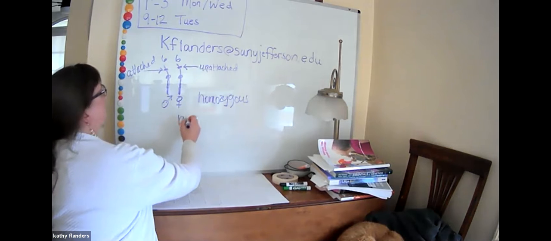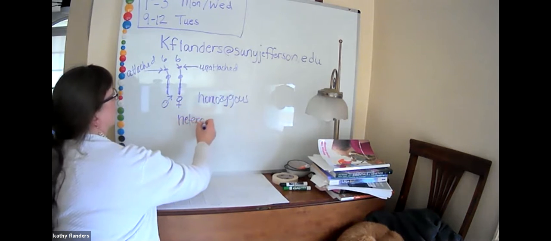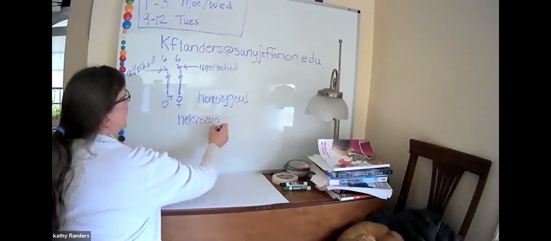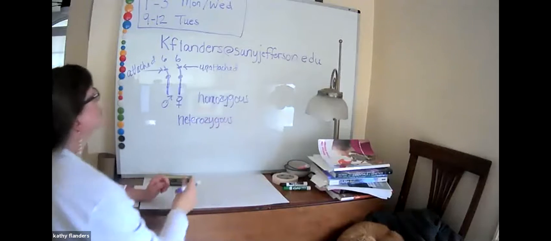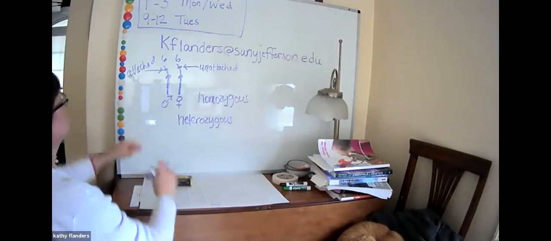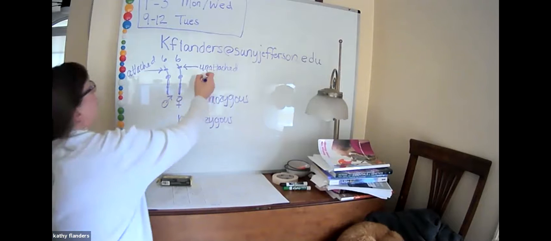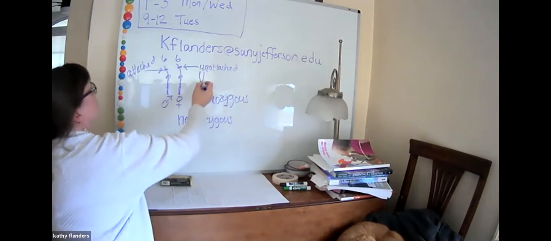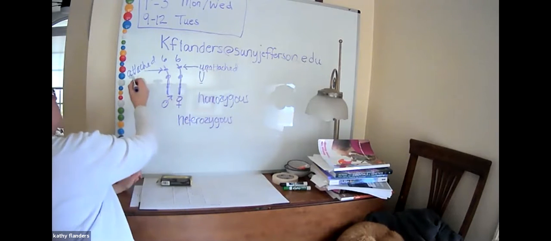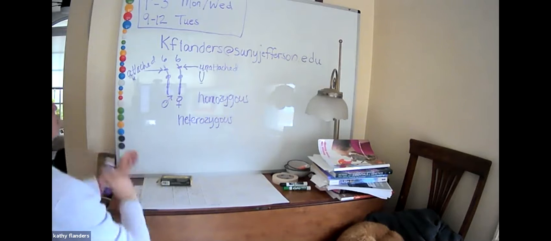Hetero means not the same. So that is heterozygous. To make it a little easier, let's say I think unattached earlobes is dominant. So this is a big U, and this is going to be a little u.